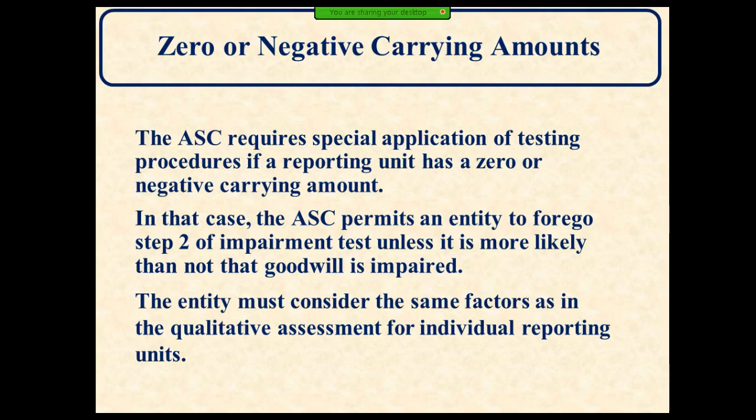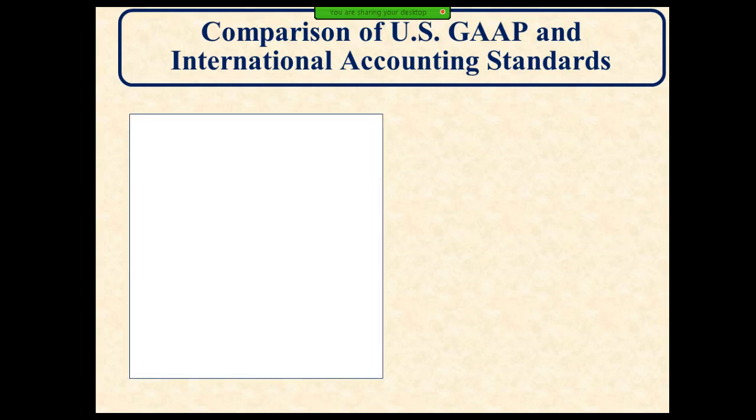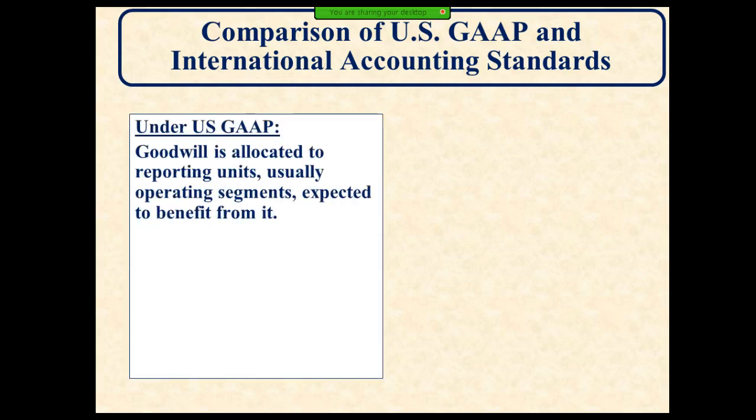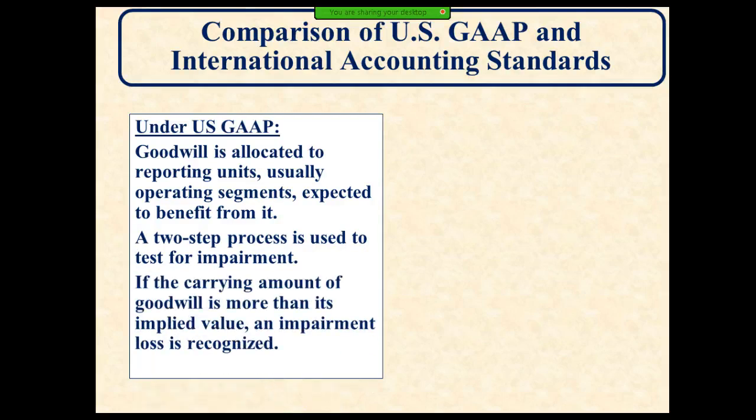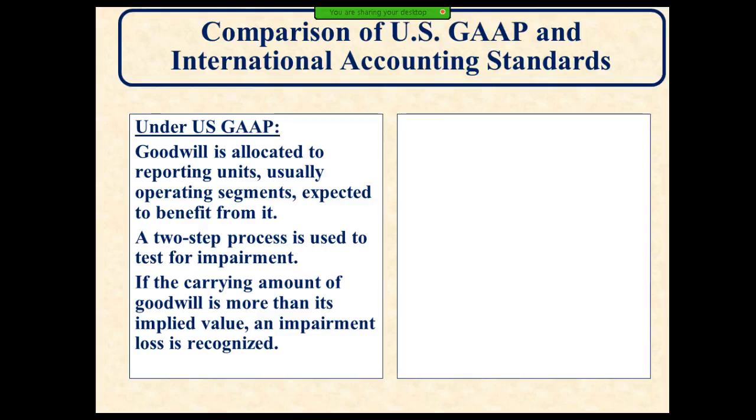The entity needs to look at the qualitative assessment for how they're going to report the separate units. Under GAAP, Goodwill gets allocated to specific reporting units, and we test on a 2-step process to see about impairment. If the carrying amounts are more than the implied value, then we've got to show a loss.